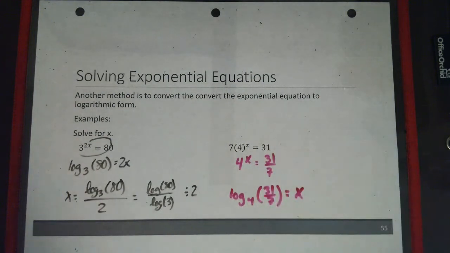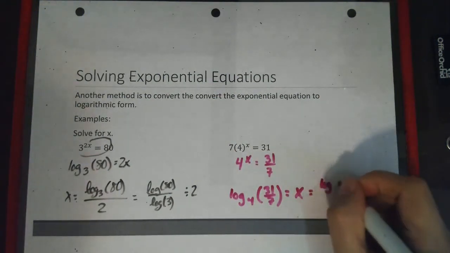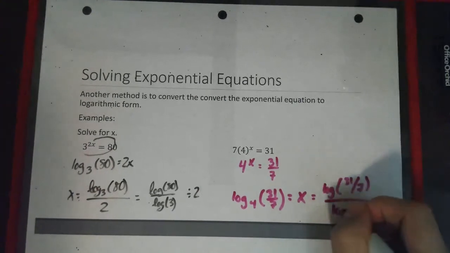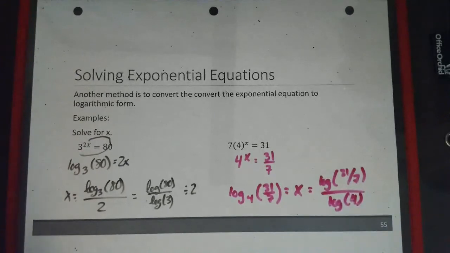That's good enough. If you want the decimal form, you'll have to use the change of base formula. The log of 31/7 divided by the log of 4. You can do that. Let's go ahead and check it just to be sure.